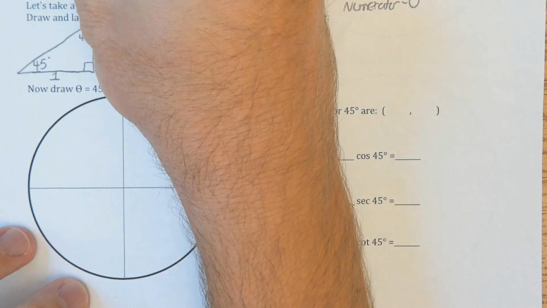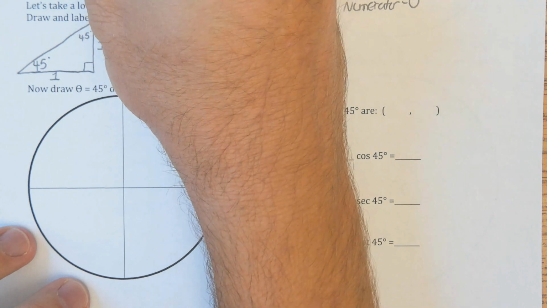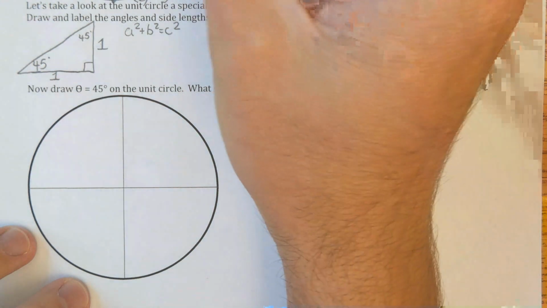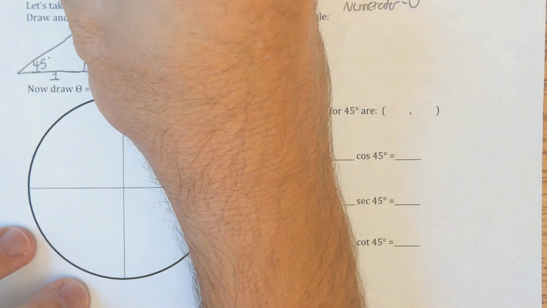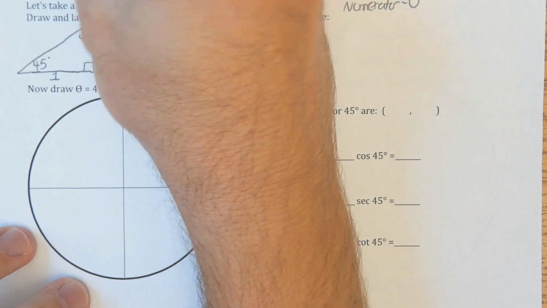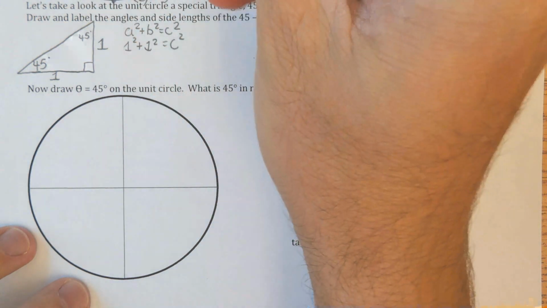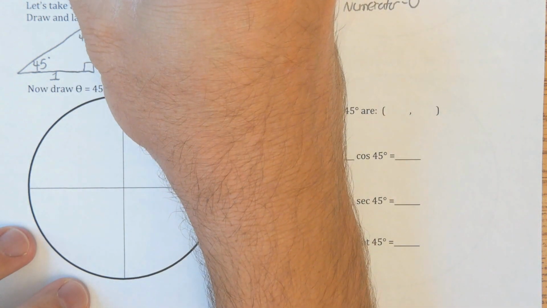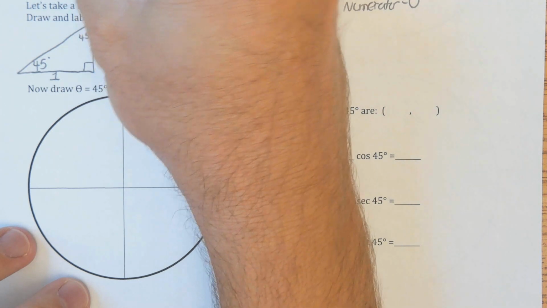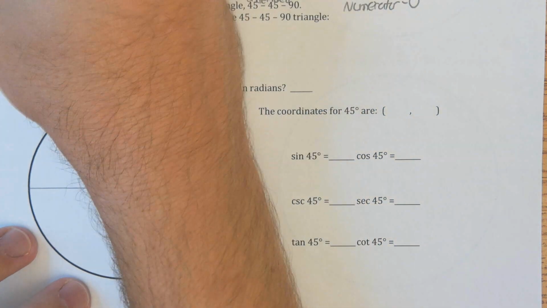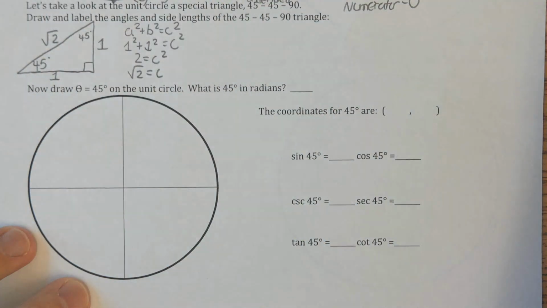To find the hypotenuse for this 45, 45, 90 triangle, I'm going to use the Pythagorean theorem and plug in for a and b our legs, which are equal to 1. That gives me 1 squared plus 1 squared, and 1 squared is 1, so 1 plus 1 is 2, equals c squared. When I square root both sides, my hypotenuse is equal to square root of 2.